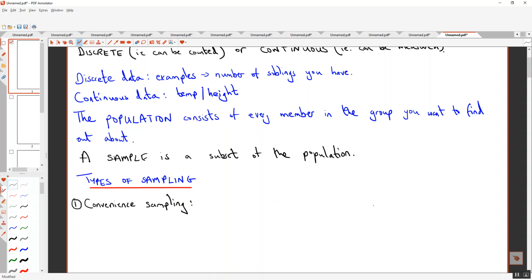So convenient sampling is exactly what it says in the tin. You do what is convenient, so you select members of the population which are most easily accessible.